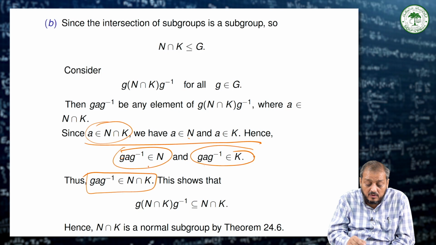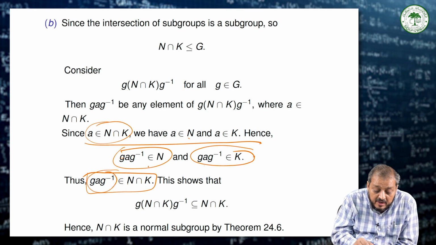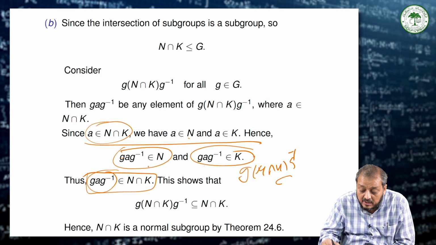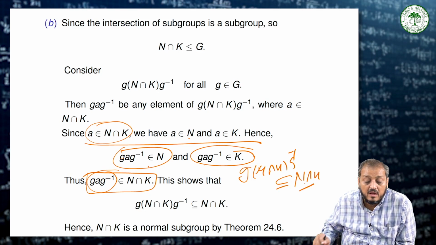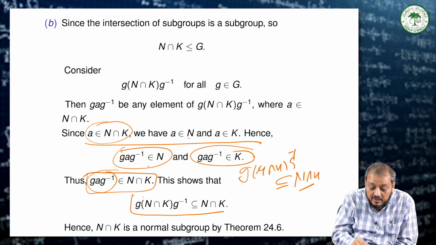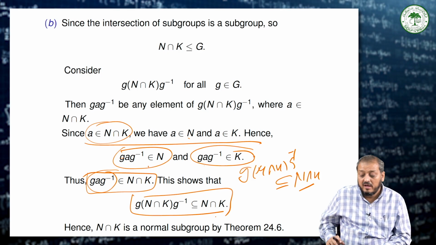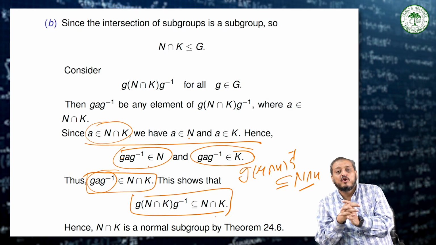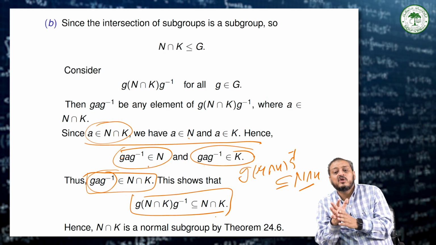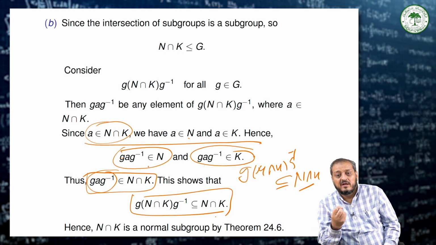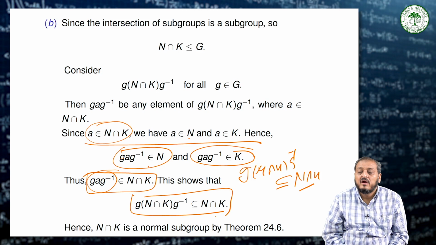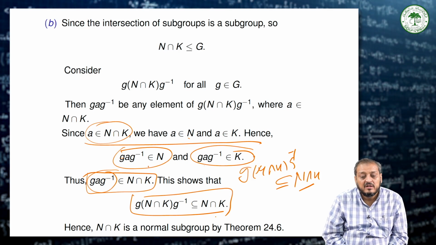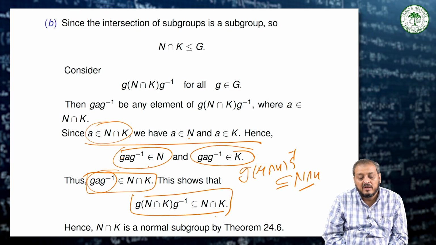So now, if a is an element of N intersection K, then g a g inverse is contained in N intersection K. And now, since this is contained in N intersection K, by the equivalent conditions for a normal subgroup: if N is a normal subgroup of a group G, then g N g inverse is contained in N, and if g N g inverse is contained in N, then we also say that N is a normal subgroup.